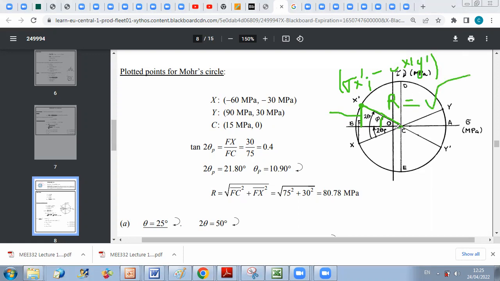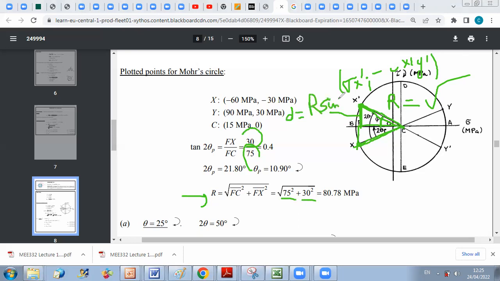The radius is the distance from C to X, and I already know FX and FC. So the radius of my circle is the radical of FC squared plus FX squared, which were already determined. So I do radical 75 squared plus 30 squared, and I get the radius. Now I use the radius because CX is equal to CX prime. I use the radius to calculate tau here, because this distance d is equal to r sine phi.